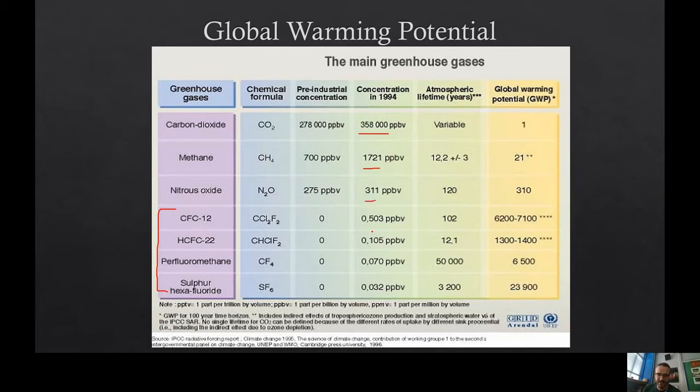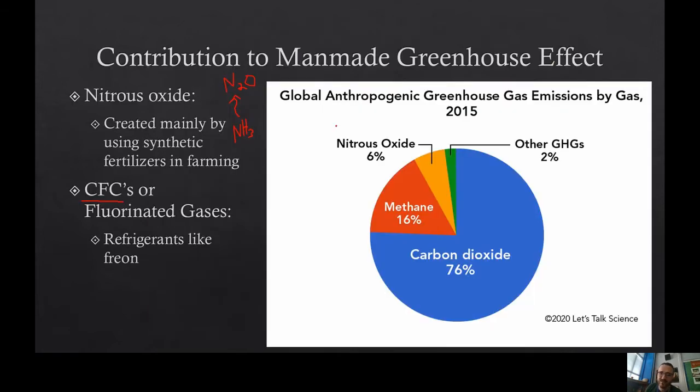Nitrous oxide, there's even less of. And then the CFCs and everything else, these are 0 point. So the amount of this is unbelievably small compared to the amount of carbon dioxide. Yet they still contribute a pretty large amount to global warming.